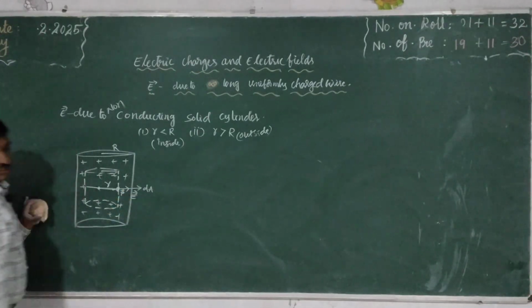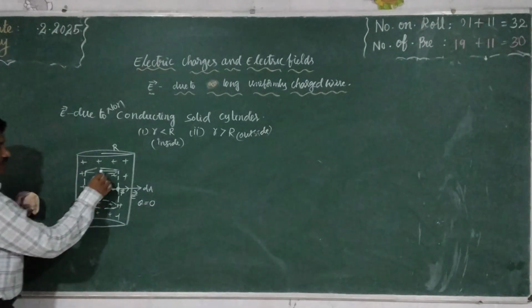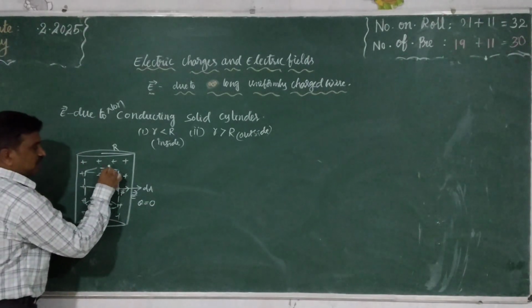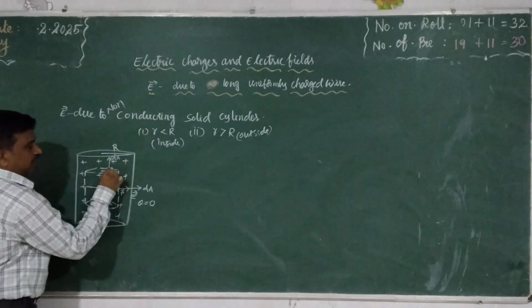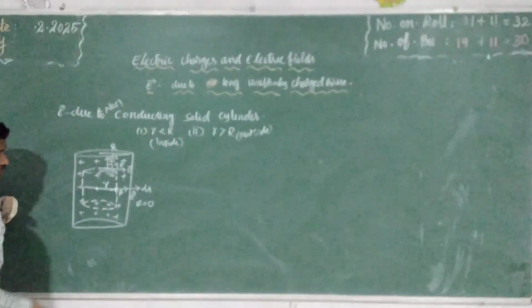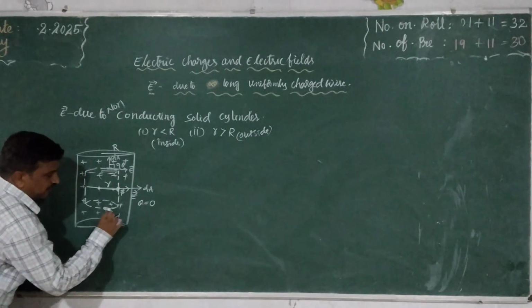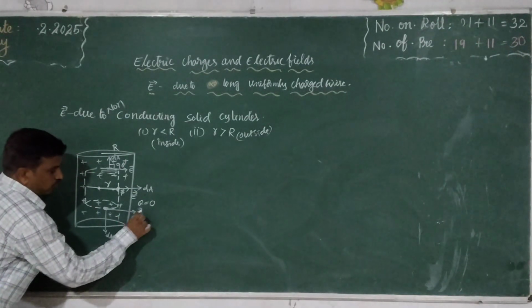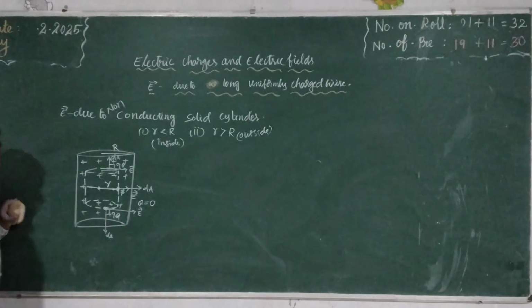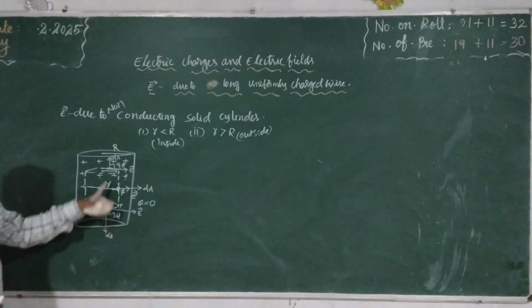Both are in the same direction, so theta equals 0. Now we select this area: the area vector is dA and the electric field is this one. The angle between them is 90. So in this case, the electric flux through this surface is 0.